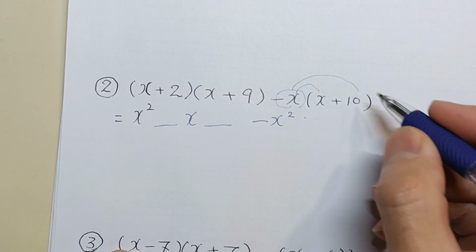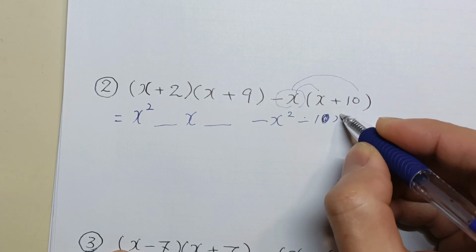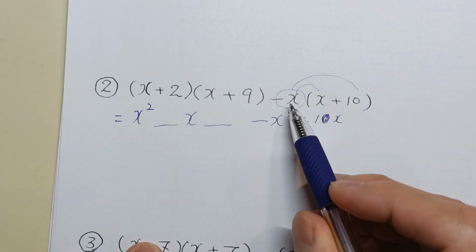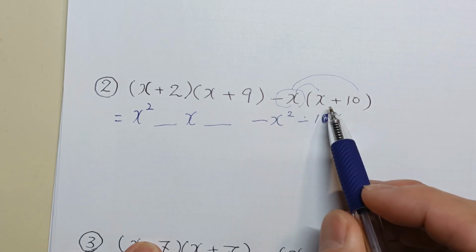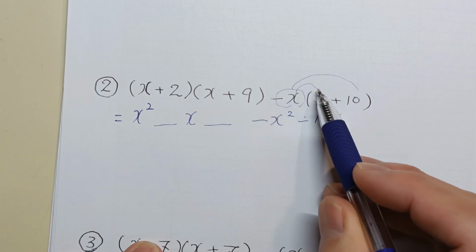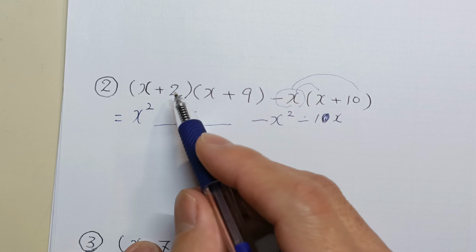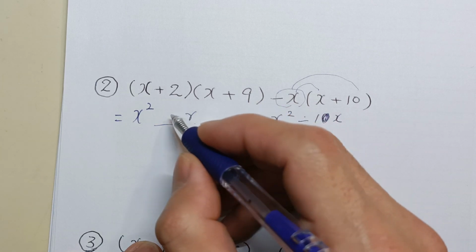Negative x times by 10 is negative 10x. Right? If this form is not bracket, you don't do 4 times multiplication, only 1, 2, isn't it? Right?